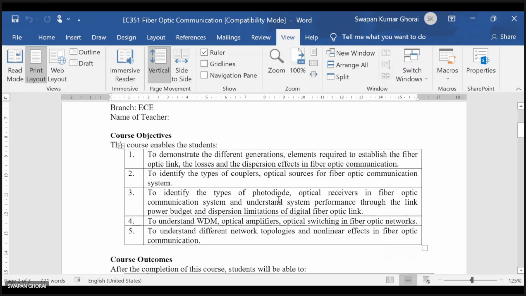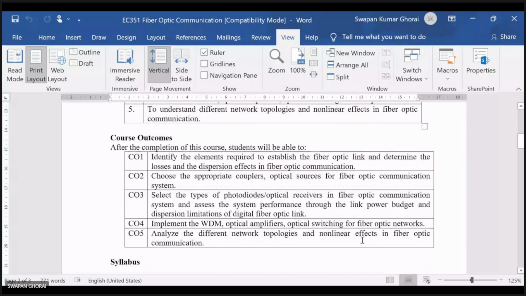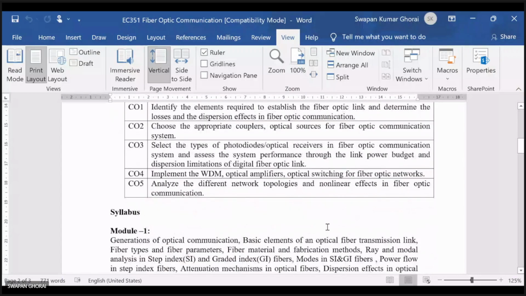You see what the objectives are here. Initially we'll discuss the different generations of optical fibers. There are different generations, starting with the first generation at 850 nanometers. Now several developments are there that we'll discuss. One class is here for that. We will see it in the syllabus, the different generations.